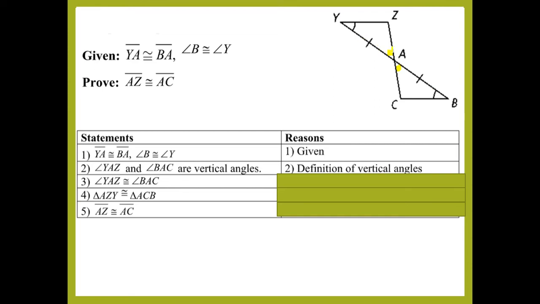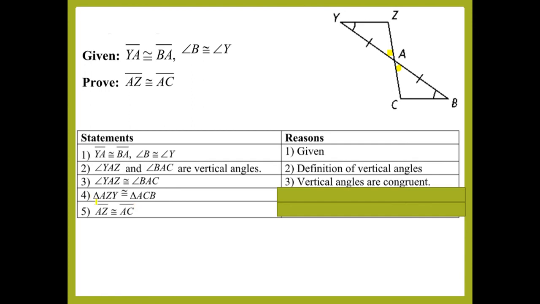We have these two sides that intersect in an X, and the opposite angles of that X are always going to be congruent. So again, it says that angle YAZ is congruent to angle BAC. We know this because vertical angles are congruent.